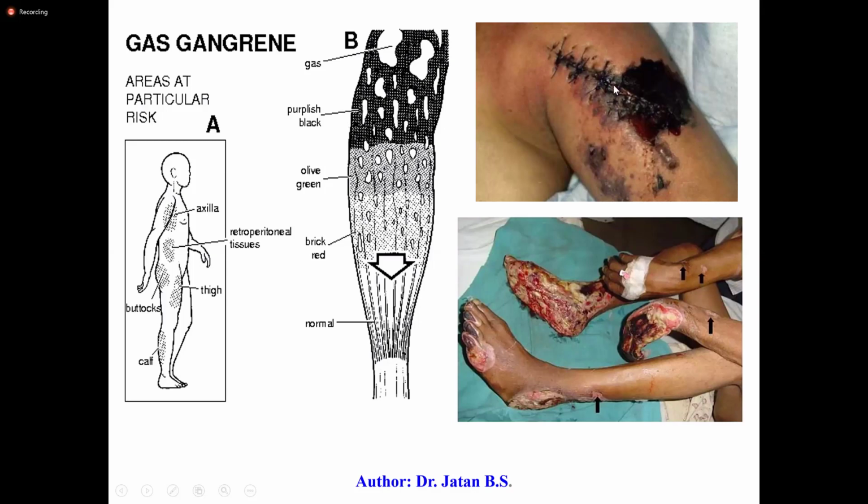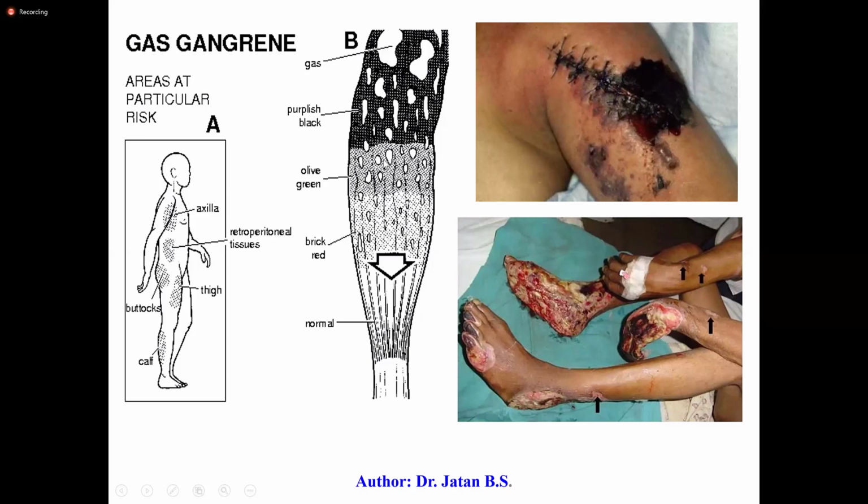Just slightly below that, you'll find olive green coloration, and again below that you find brick red color. And below that brick red color there is normal tissue or normal skin.